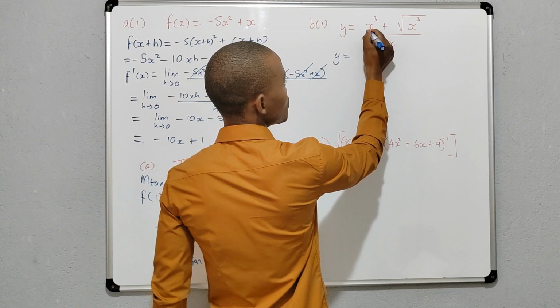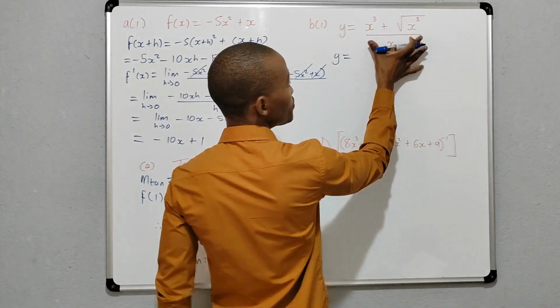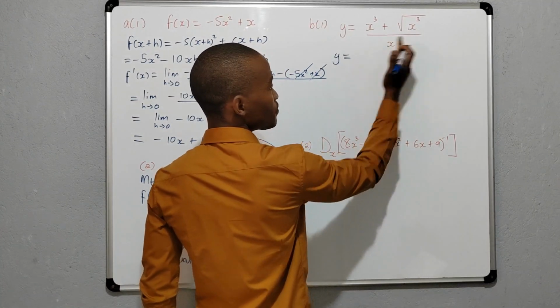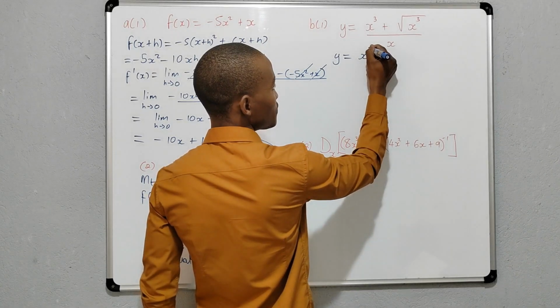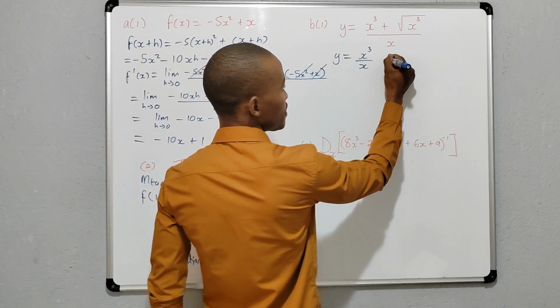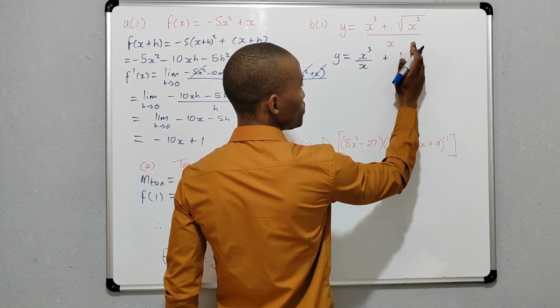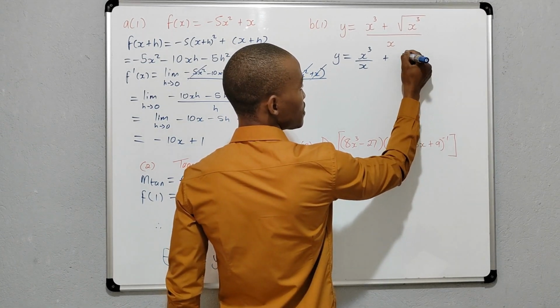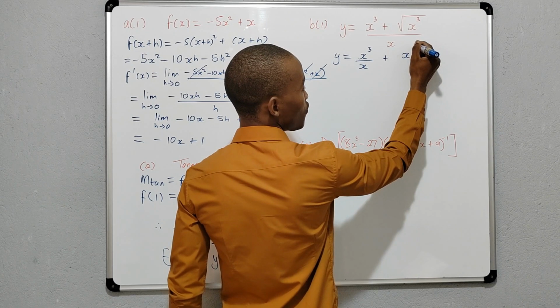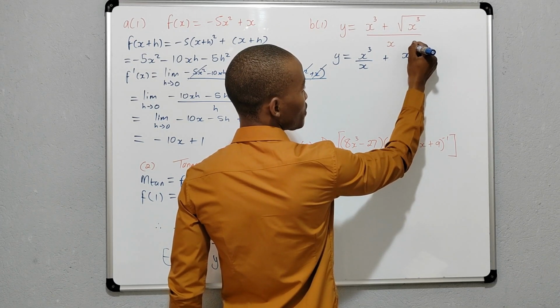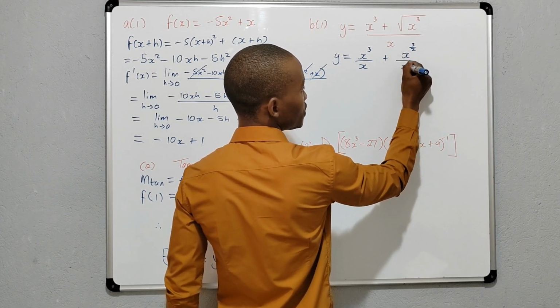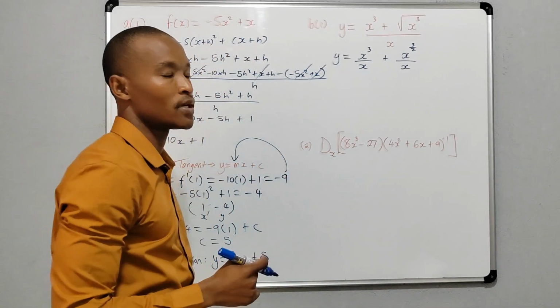Okay, so x cubed plus square root of x cubed, both of them are over x, so we're going to split them like that and have x cubed over x plus square root of x cubed, which can be written as x to the power of 3 over 2, and this is over x, right?